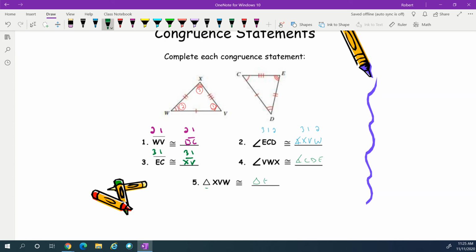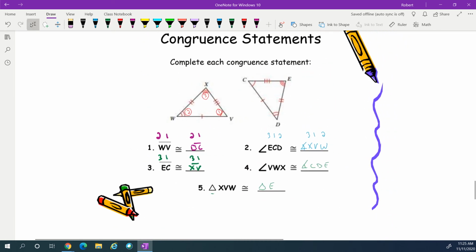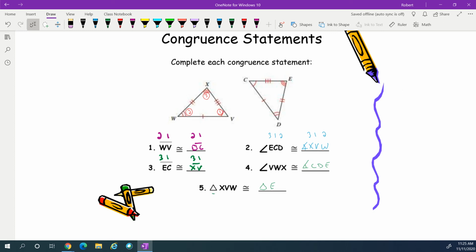That is going to match E. V matches up with C. And then finally D.